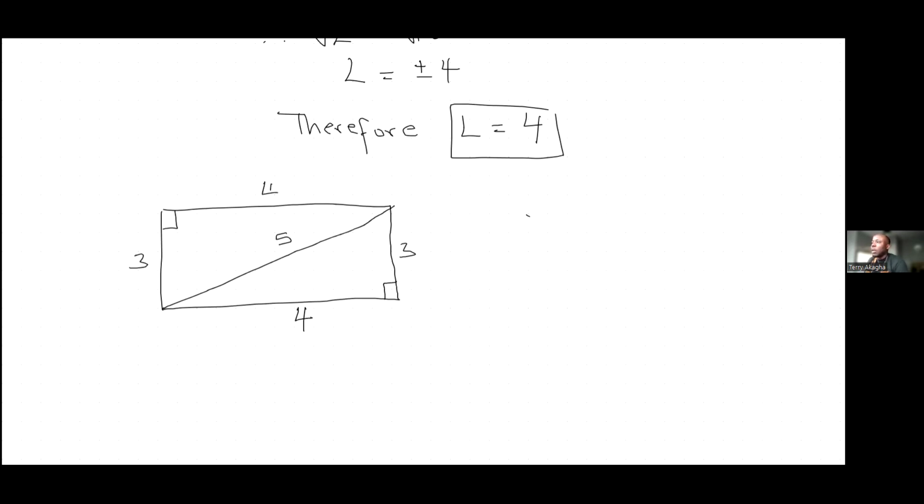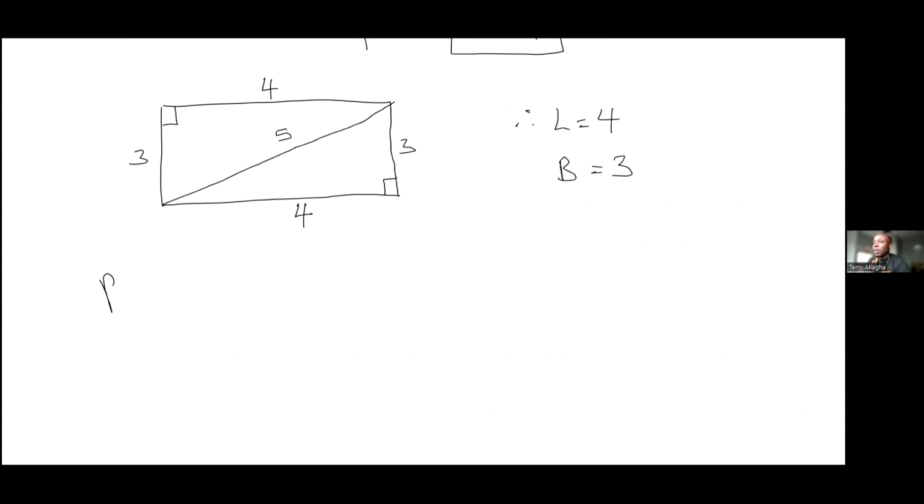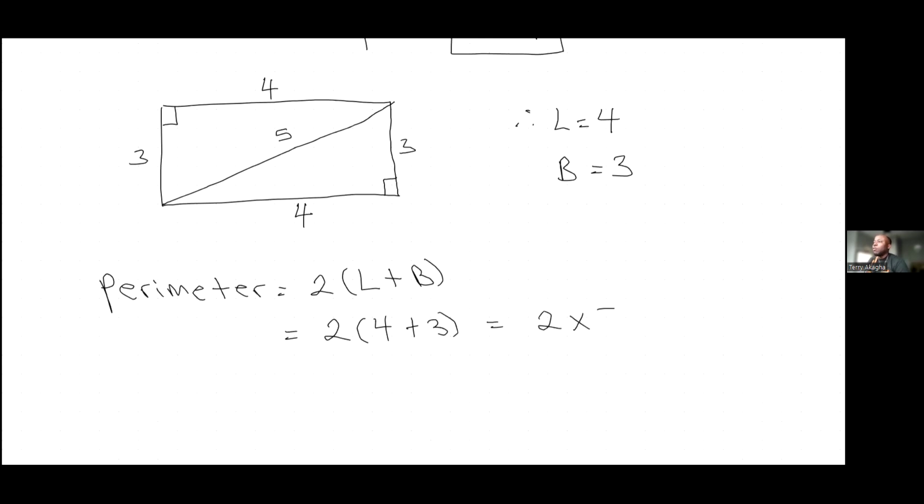So therefore we can now say the length is going to be 4 and the breadth is going to be 3. With this, we can now find the perimeter. The perimeter is equal to 2 into bracket L plus B, which is 2 into bracket 4 plus 3. That gives you 2 times 7, and that will give you 14.